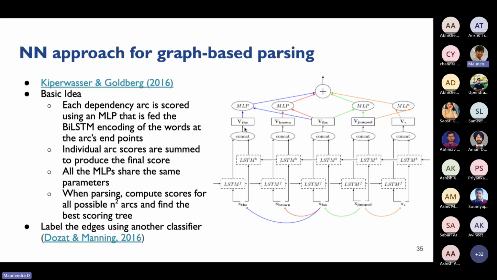Now you can view it as a complete graph. There are n nodes and there are nC2 edges, and each edge has a weight. Now from it, you want to get a tree that has the highest score. They pose this problem as the maximum spanning tree problem. What is a spanning tree?